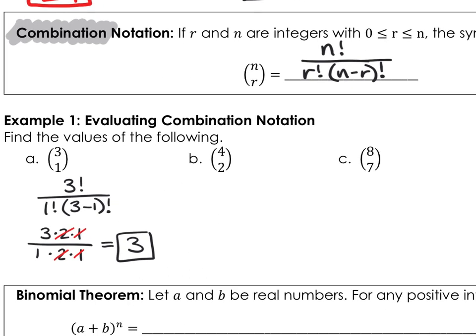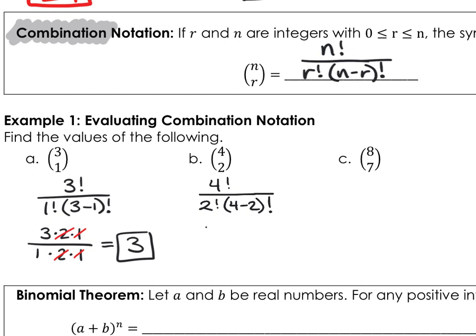Let's do 4 choose 2 by hand. 4 choose 2 would be 4 factorial over 2 factorial times 4 minus 2 factorial. You see how I'm filling in the formula? That clear?